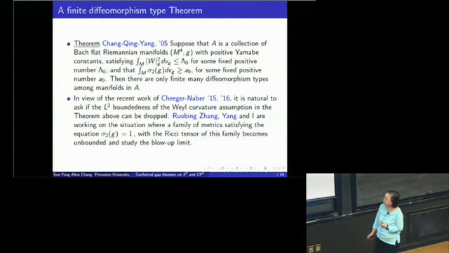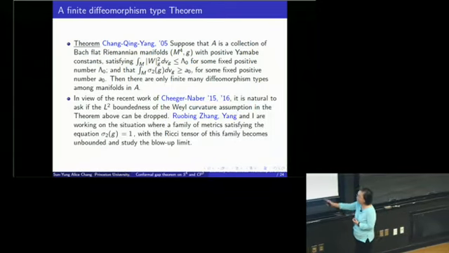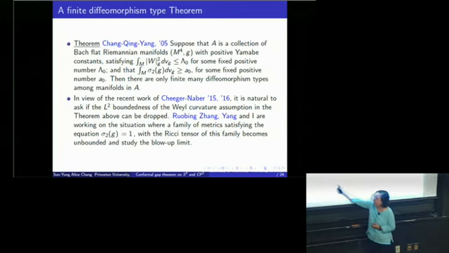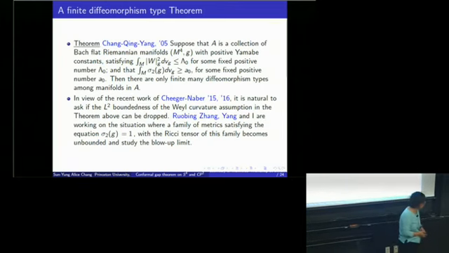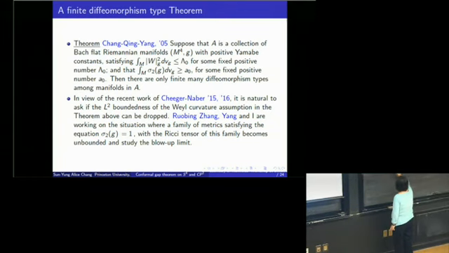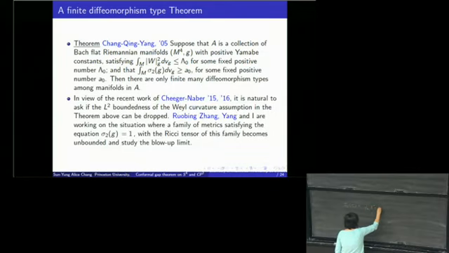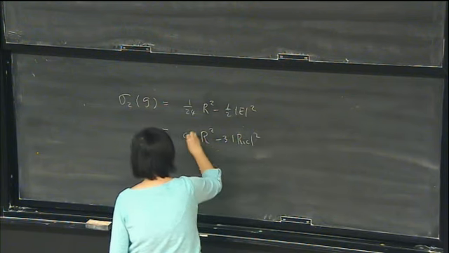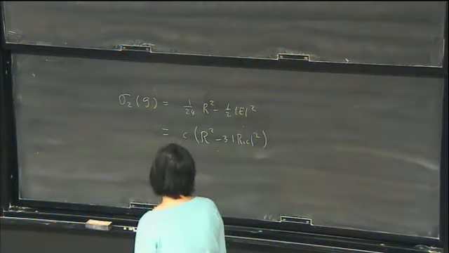Instead, we are beginning to study sequences of metrics with sigma 2 of g equal to 1. Let me recall this sigma 2 of g is really a cancellation term. There is a 1/4 R squared minus E squared, or up to a suitable constant, it is R squared minus 3 times the traceless Ricci squared in a 4-manifold.